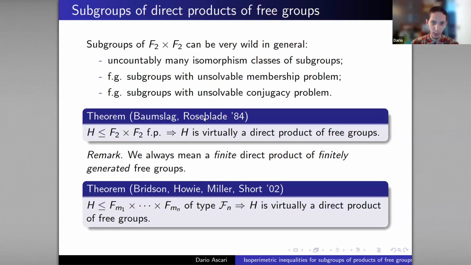So as a particular case, we recover this other theorem. But for example, for 3 factors, this only gives us information about the subgroups of type F3, so not all finitely presented ones. And for a higher number of factors, you get only information about subgroups with higher finiteness properties.